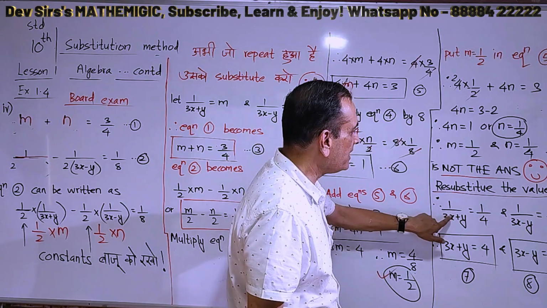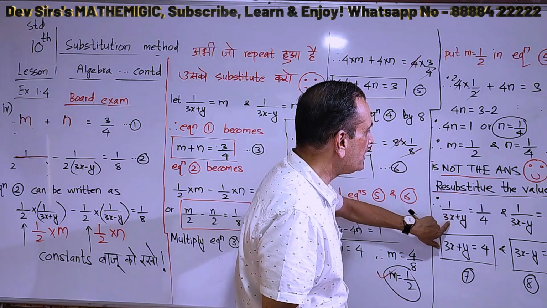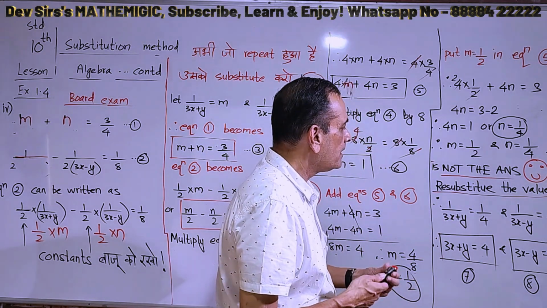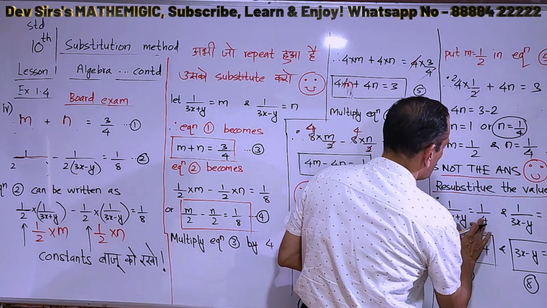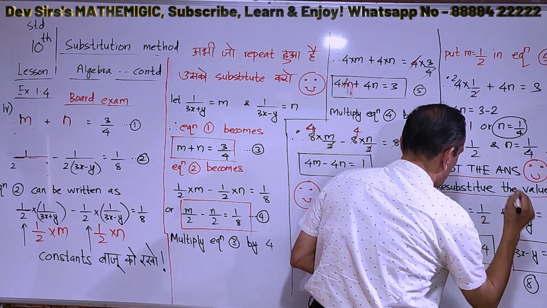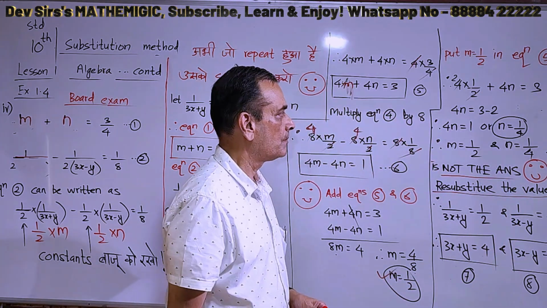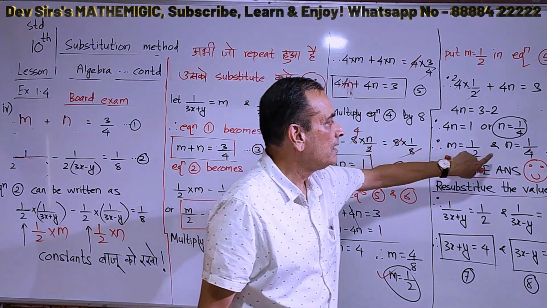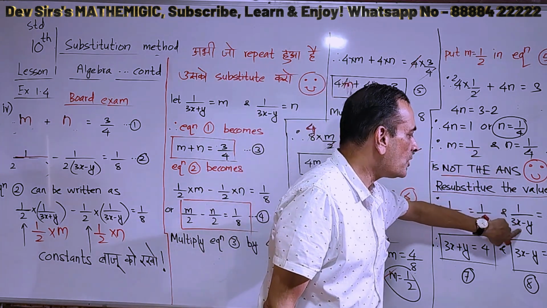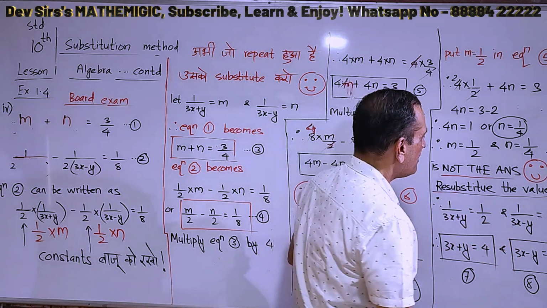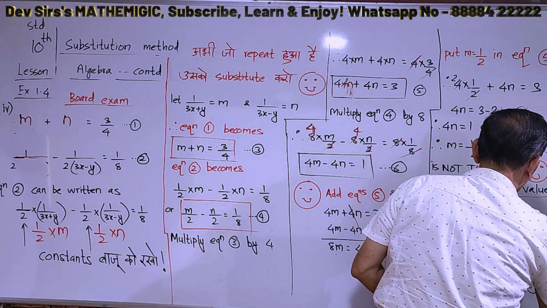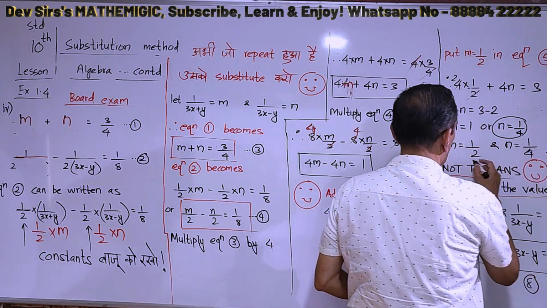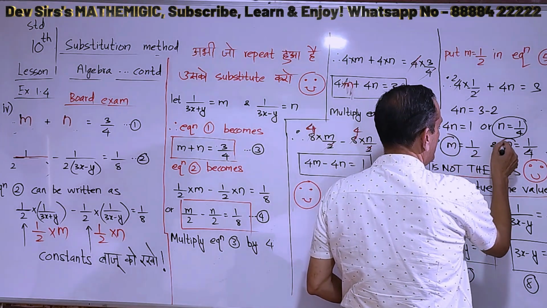I am first substituting for m: 1 upon 3x plus y equal to 1 by 2. Value of n is 1 upon 3x minus y, which is 1 by 4 here. So I have substituted the values here and here.